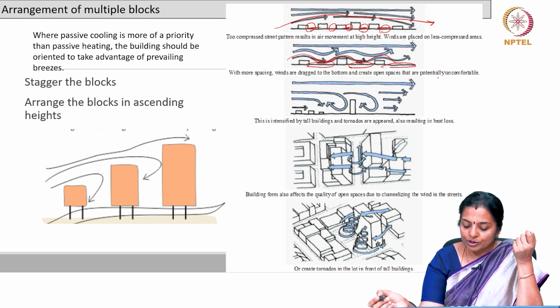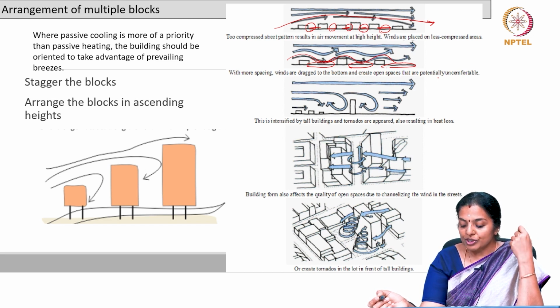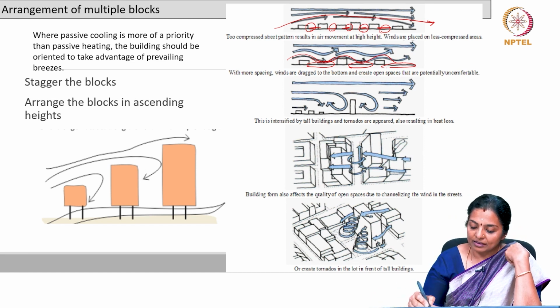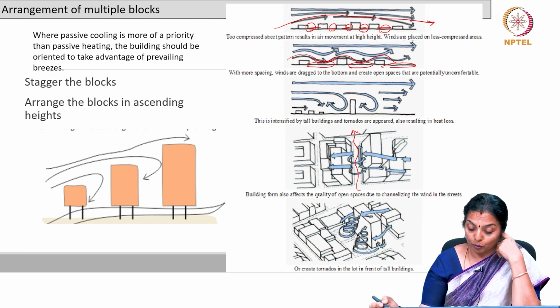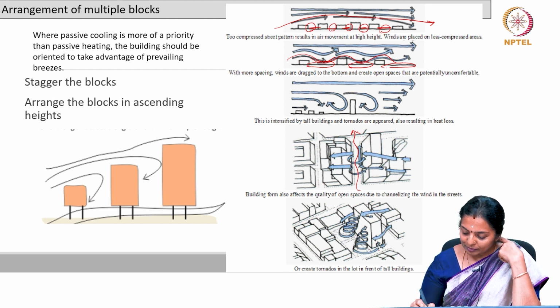Building form also affects the quality of open spaces due to channelizing the wind in the street. So, having winds on the streets is also important and building forms play an important role. They create small tornadoes in the lot in front of tall buildings, which you could capitalize on or otherwise.